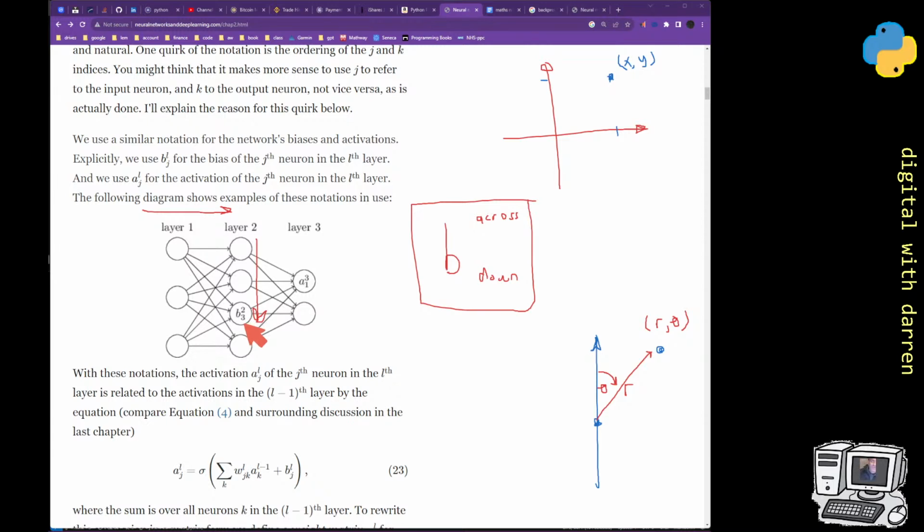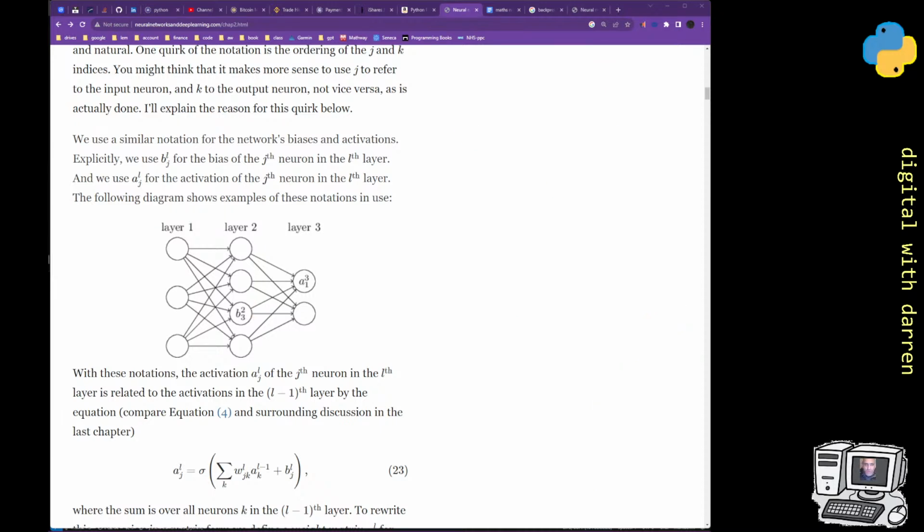The coordinate system for the biases of a neural network looks like that, and the coordinate system for the weightings had the W, L, J and K. So that's all it was, is how to get between the components and what we're talking about for all of them. And I should actually put the biases in the other document as well.